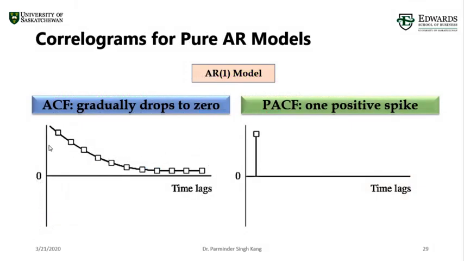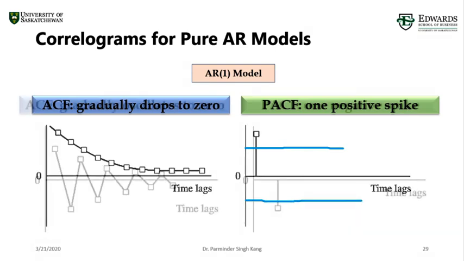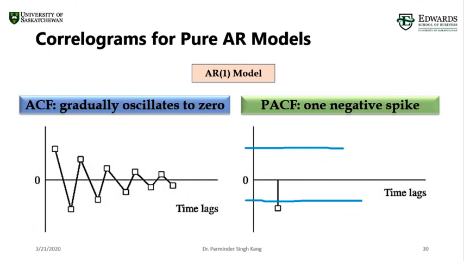So for the MA model, we relied on the autocorrelation plot. However, for the AR models, we're going to rely on partial autocorrelation plots. So one positive spike beyond the 95% confidence level, and you're expecting the rest of the spikes within the 95% confidence interval, right? Okay, next, if you have one negative spike outside the 95% confidence level, and the autocorrelation function gradually oscillates to 0, then it's an AR1 model.